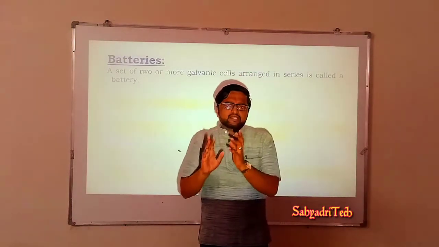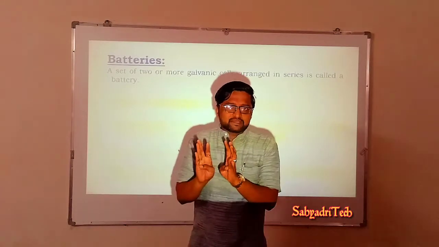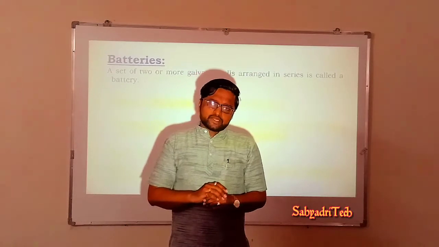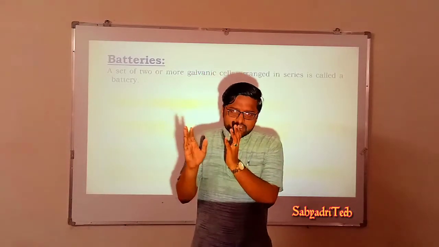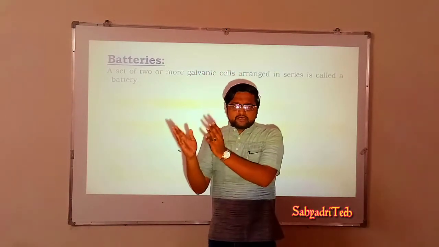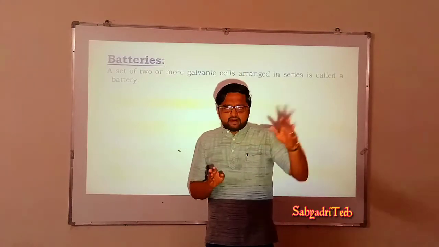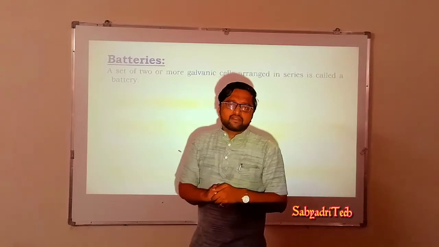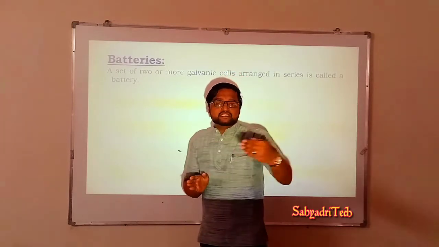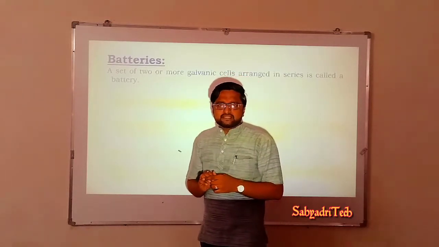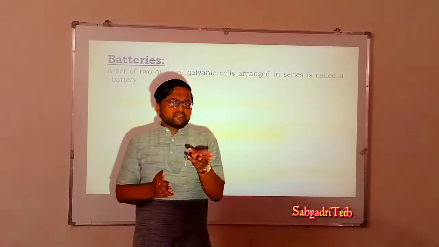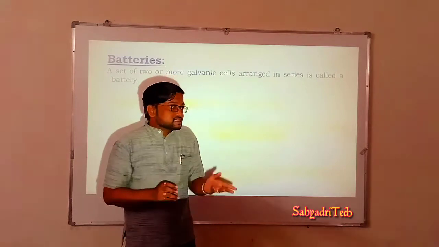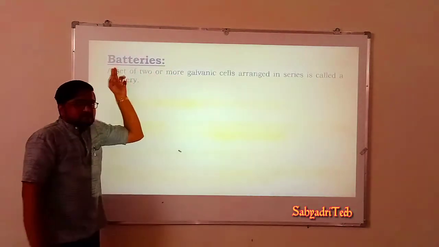We know about a galvanic cell: two half cells, a salt bridge, and they are externally connected to a potentiometer. So if we connect n number of galvanic cells, generally two or more, in series, in the sense alternately anode and cathode connected in series, the resultant will be a battery.